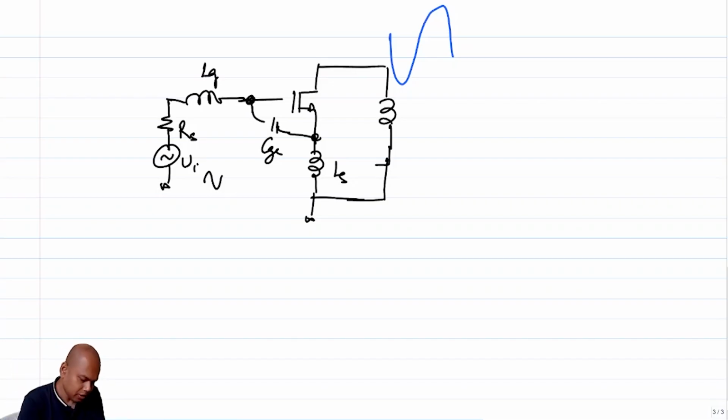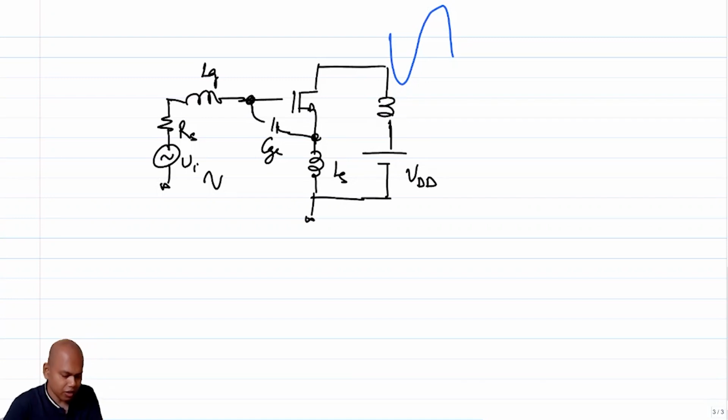If you are not biasing the transistor at a sufficiently high drain voltage, then the transistor can go out of saturation. But that's not a problem if you are using an inductor for biasing, right? If we have an inductor here, then by default the drain is at approximately VDD, the maximum potential that you can have. So going out of saturation is not a problem.